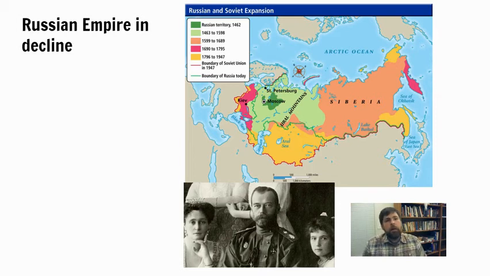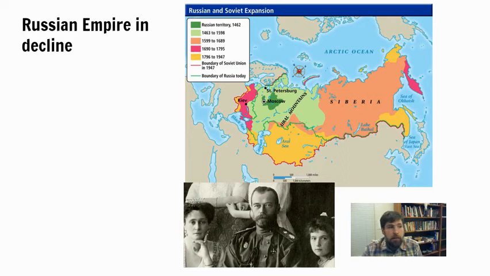Finally, we're going to talk about the decline and fall of the Russian Empire. This map shows the expansion of the Russian Empire dating back to 1462, when it began basically as a group of princes who solidified around the city of Moscow and began to grow, in a process very similar to what happened with the United States.